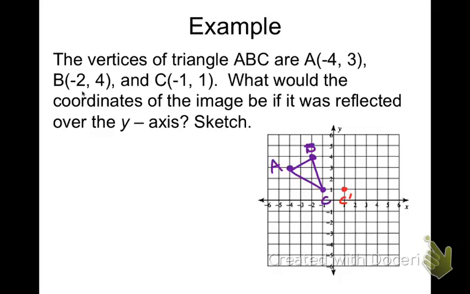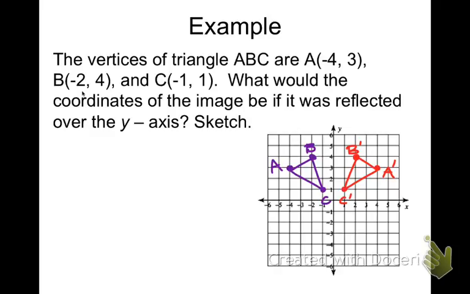B is 2 units away, so if I stay on the same line and go 2 units away in the right direction, that's where my B would go. And then A is 1, 2, 3, 4 over, keeping it lined up, so A prime, and then connect.